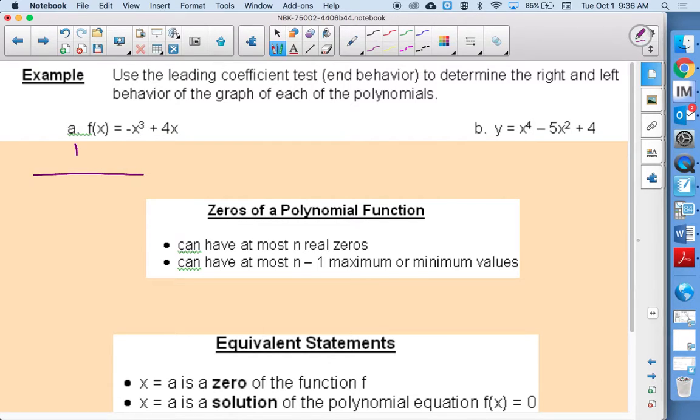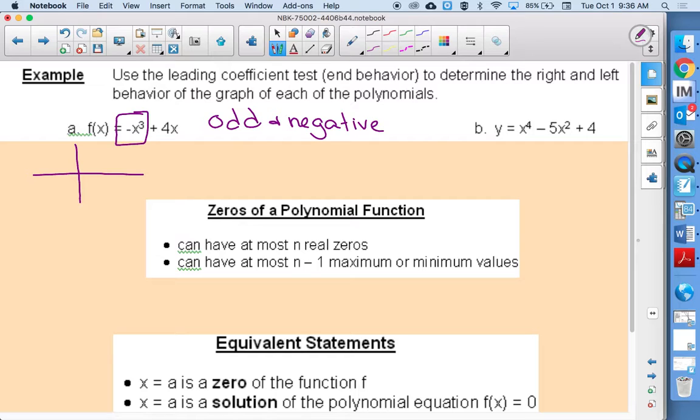But the leading coefficient test says to go to the largest power, and that would be x cubed. So it's odd, and it has a negative in front. That's the only thing that matters when we're trying to get the end behavior. Odd power, a negative in front of it.